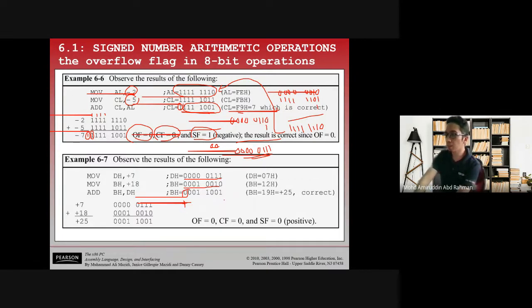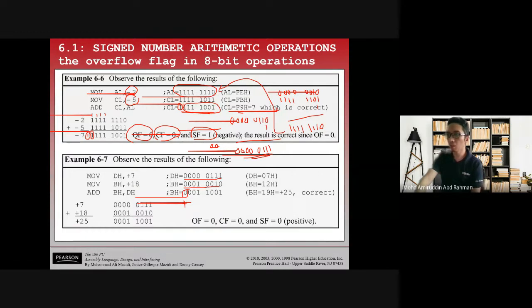The number over there is 25. Because you need to invert that, you look back over here.